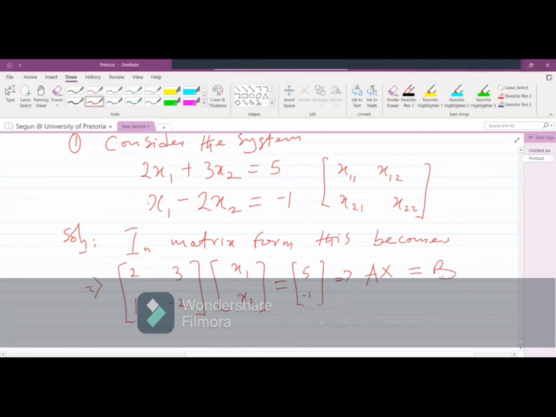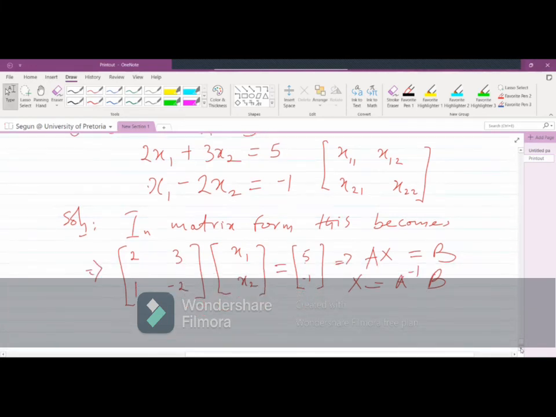Remember I mentioned it. A and B are constants. Don't forget, A and B are constants. According to the definition that I gave, we are looking for X. Our X will be the inverse of A multiplied by B. What represents A in this case?